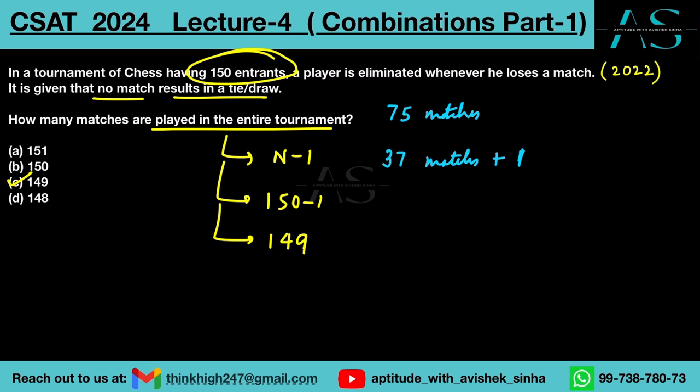Because the winners will go forward. Why? Since we said 150 entrants are there and we said 75 matches, in the next case 75 players will go forward. 37 matches plus 1, so 38. Here 75 went to the other round. Here 38 went ahead. And from this we can say 19 matches were conducted again.